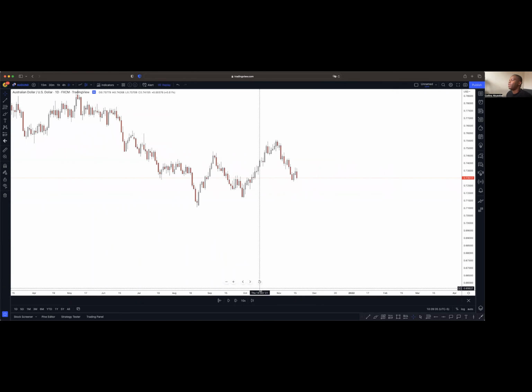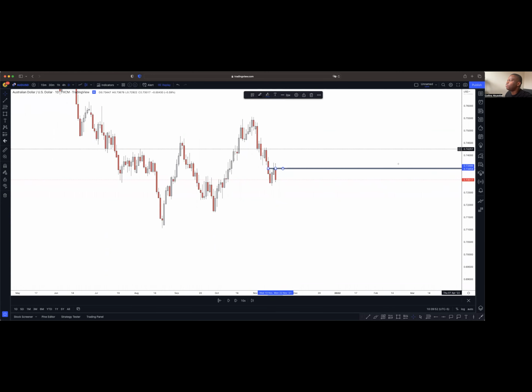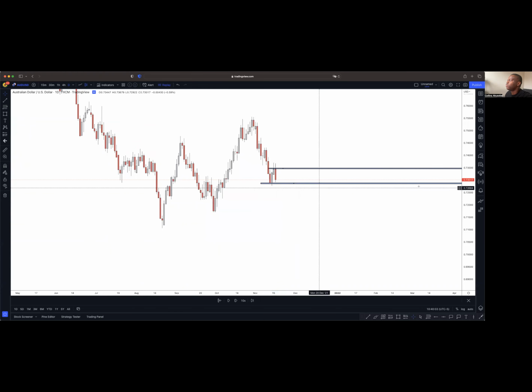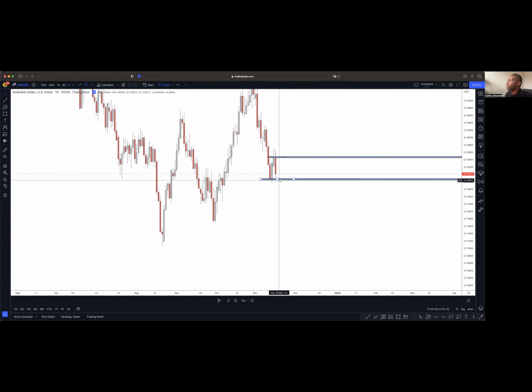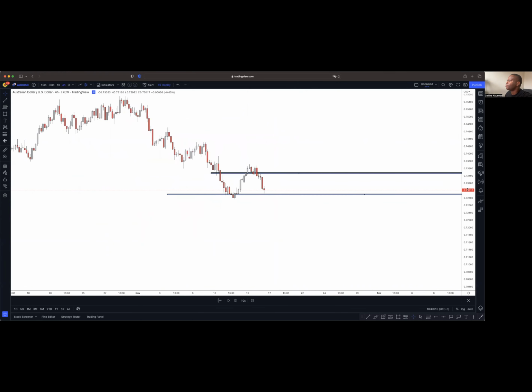So guys, how do I apply my strategy on the lower time frame? What I do is I mark up my zones, starting from the daily to mark up my major levels. And I move down to the 4 hour time frame.